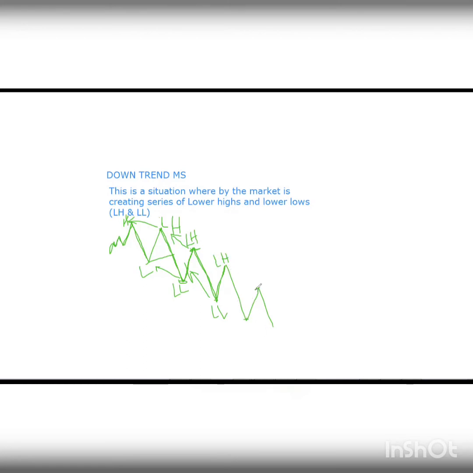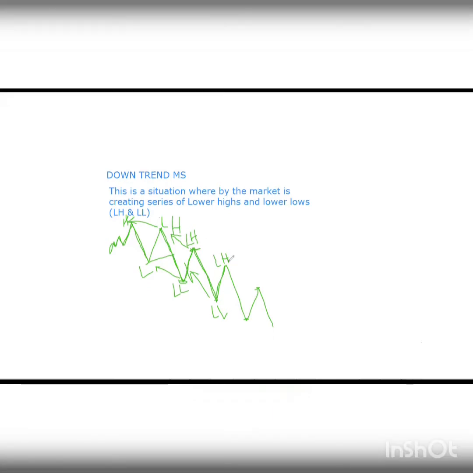This is basically how it is when the market is giving us a series of highs that are lower than the previous high, and a series of lows that are lower than the previous low. That is basically how this works.